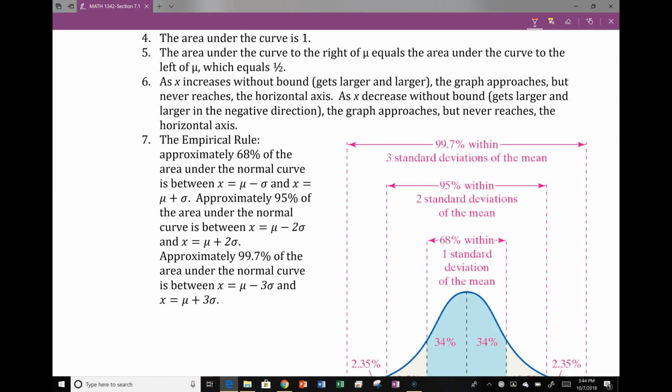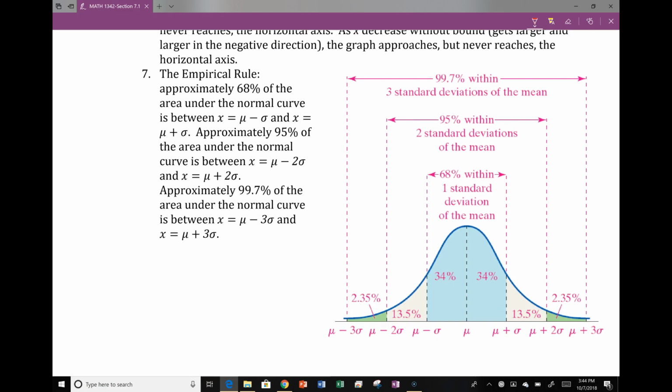This is extremely true with these continuous variables, so we redraw that shape, and we have that between the mean and one standard deviation is 34%, or 0.34. And we keep going. As we go further and further outside, we get as close to 100% as possible. We never actually get to 100% though.